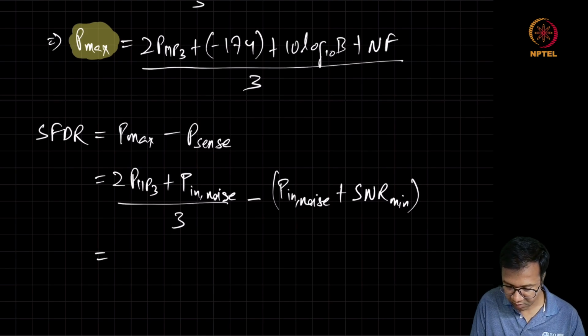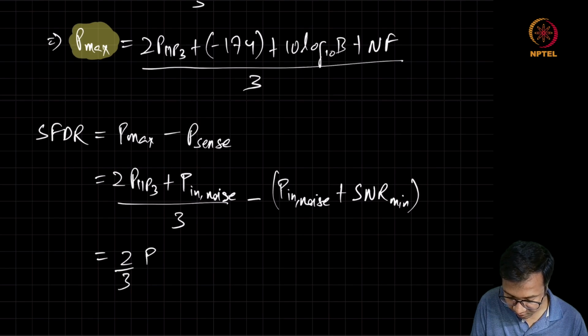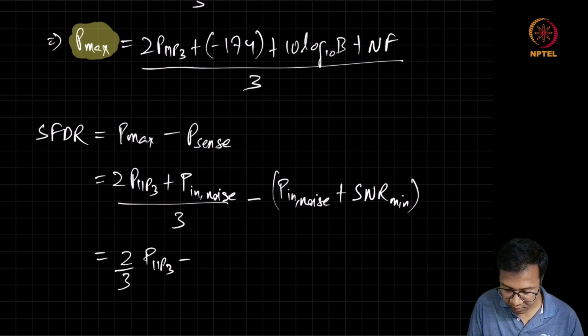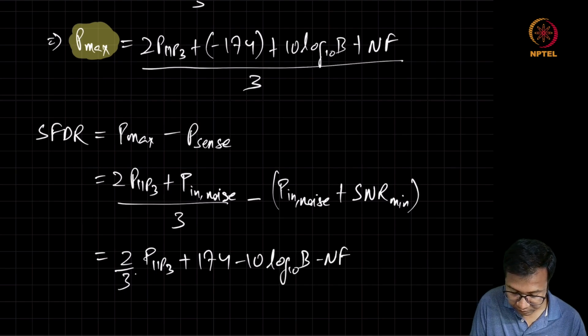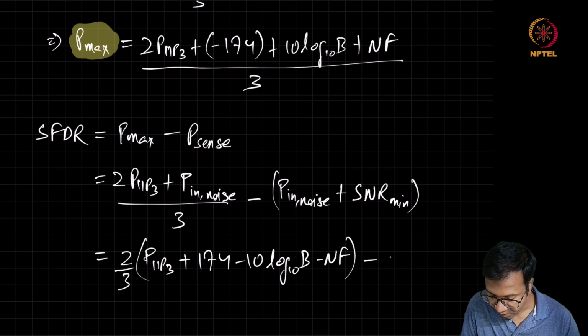So it means the SFDR relationship will become 2 by 3 (PIIP3 minus the input referred noise), which is the same expression we derived earlier, minus the SNR min.